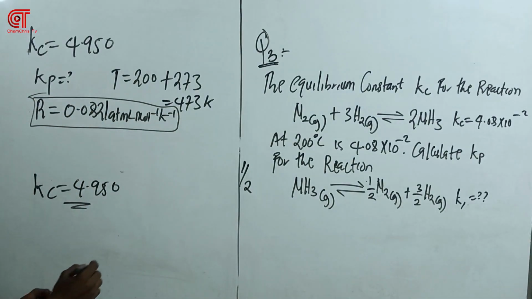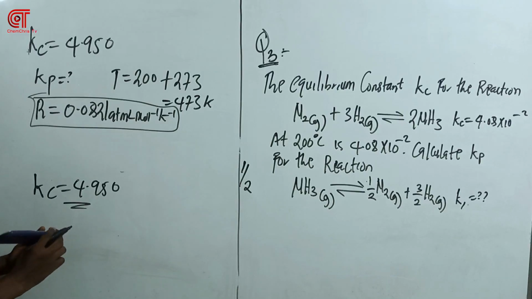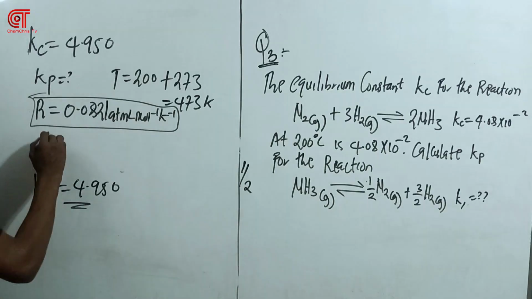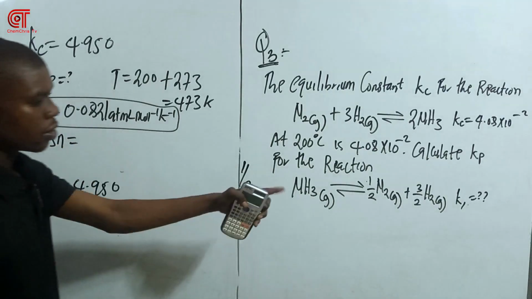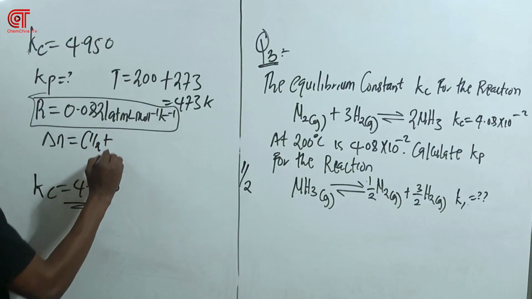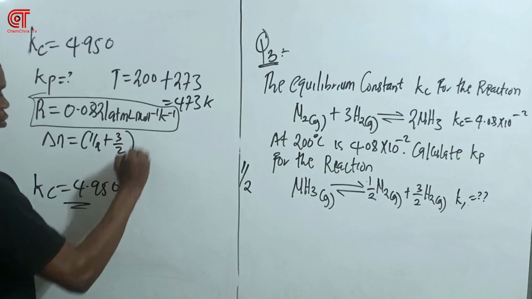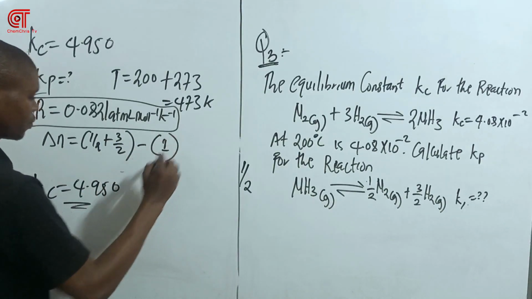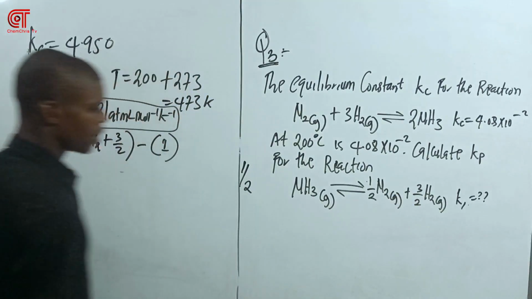You get so what will be my change in n? Change in n is going to be half plus half. Here we have 1 over 2 plus 3 over 2 minus 1. We have 3 over 2.